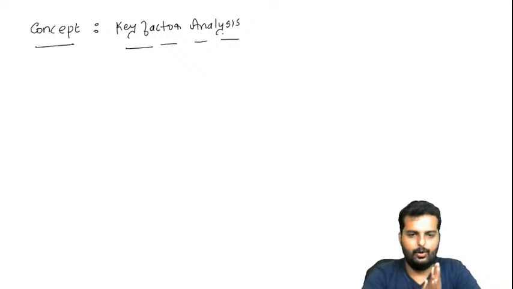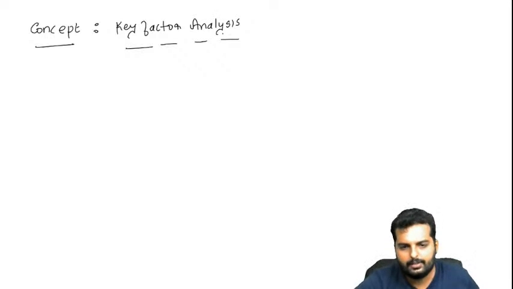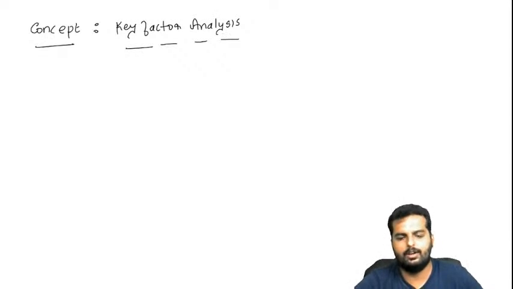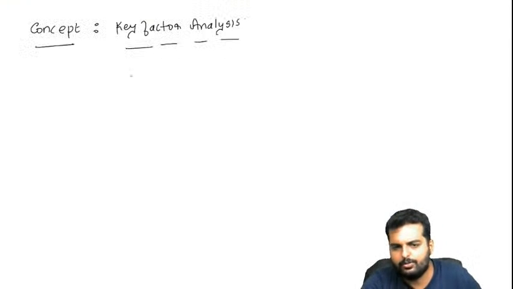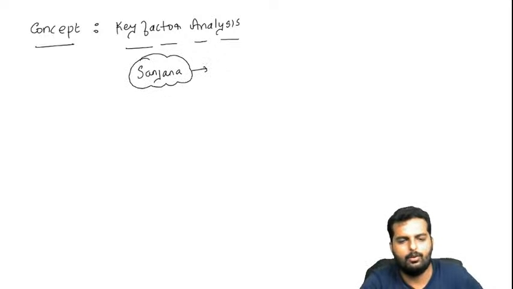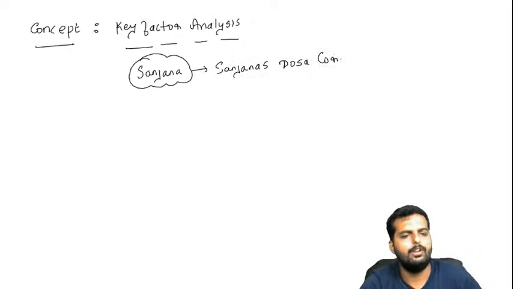Alright friends, I will now give you a very simple example. Yesterday we spoke about masala dosa, right? Let me take one person from the chat box now. Let us talk about Sanjana. Let us say Sanjana is running a hotel whose name is Sanjana's Dosa Corner. What will Sanjana sell?